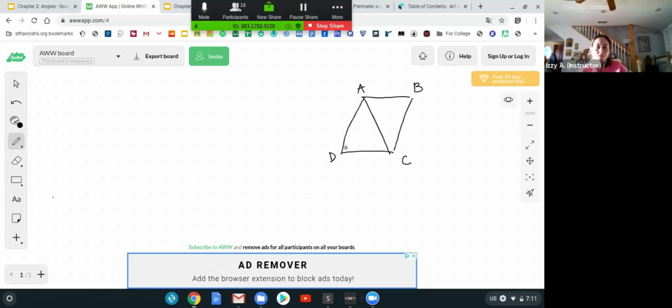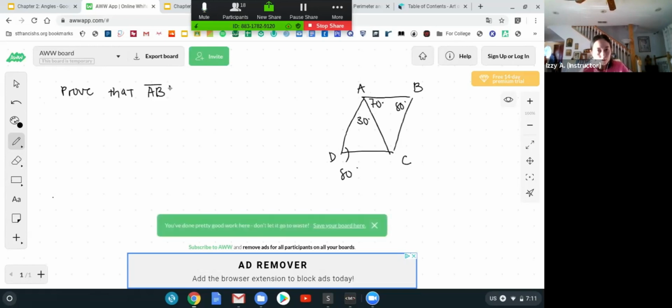Okay, and this is 80 degrees, 30, 70, 80, and so basically we want to prove that segment AB is parallel to segment CD and that segment BC is parallel to segment AD.